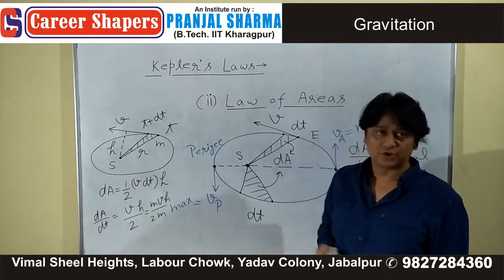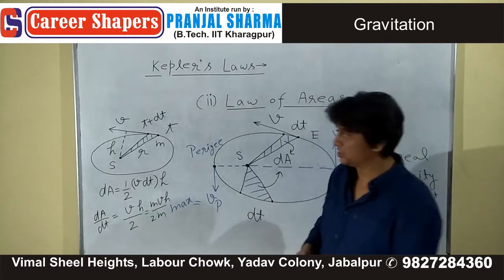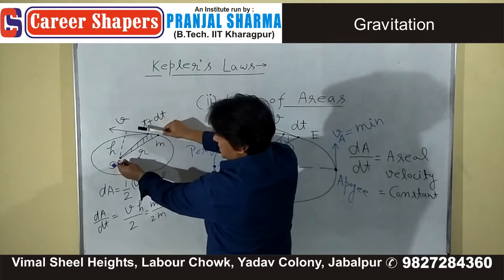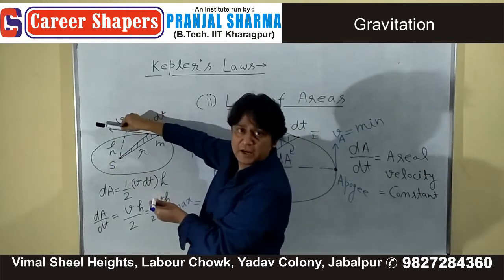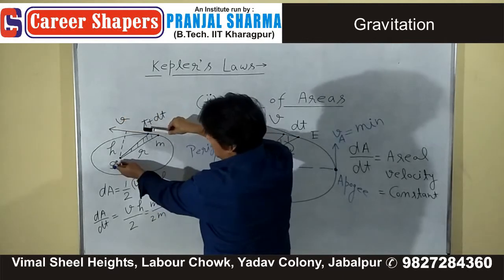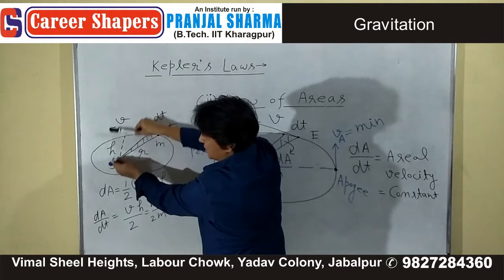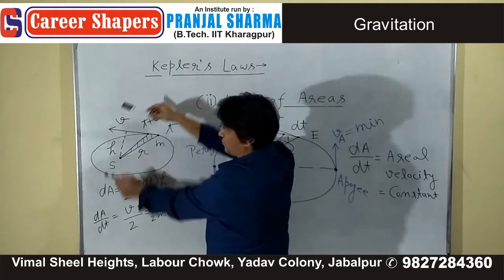Now what is mvh? From rotational motion you know what mvh is. If this is the axis of rotation and this is the velocity, then this is the linear momentum mv. And this is the perpendicular distance of the linear momentum from the axis of rotation.